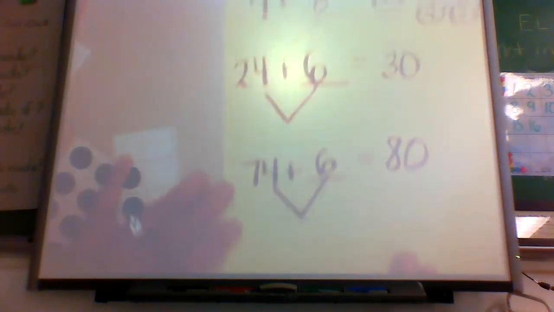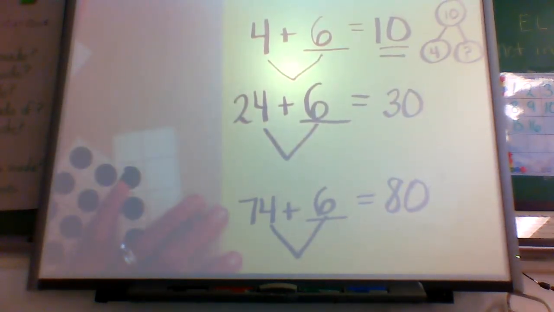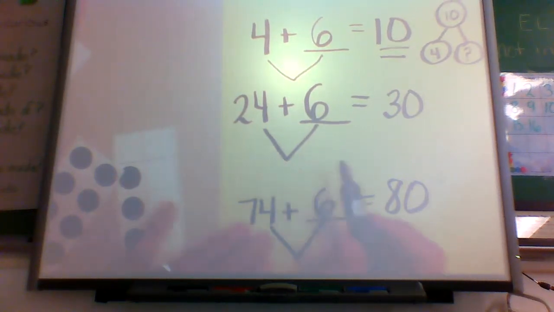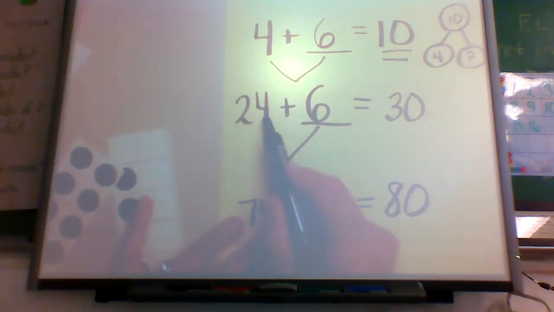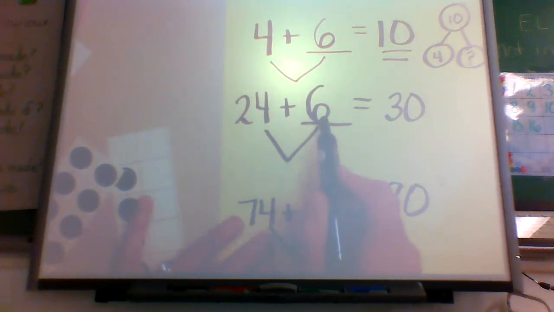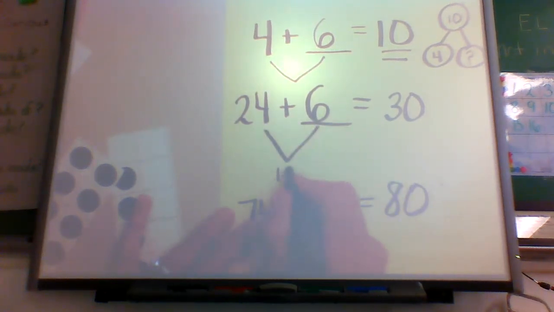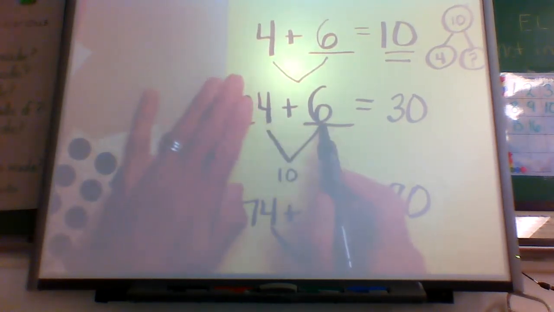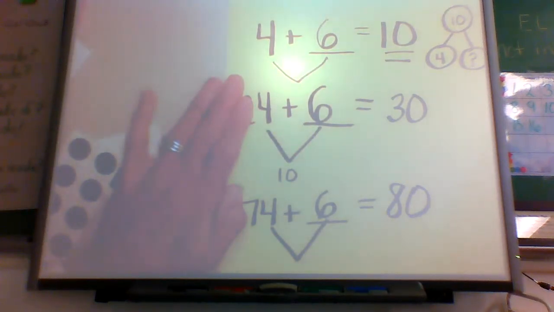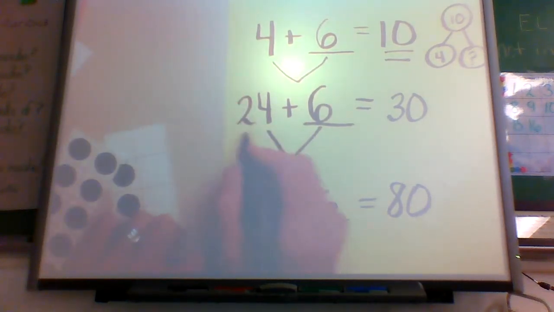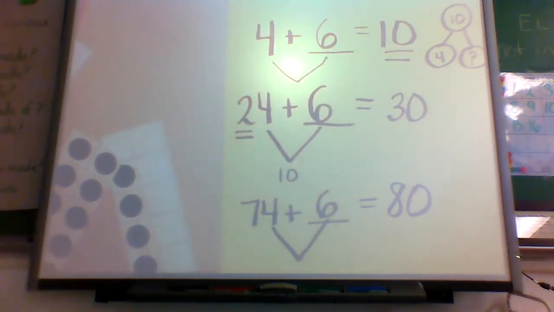So we're going to come back here, we're going to backtrack a little bit. Let's take a look at this one. Remember how I said we're going to take the 4 and the 6 to make the 10? I'm going to write a 10 here because when I add 4 plus 6, I get 10, don't I? Now, this 2 is the same thing as 2 10s, or 20.